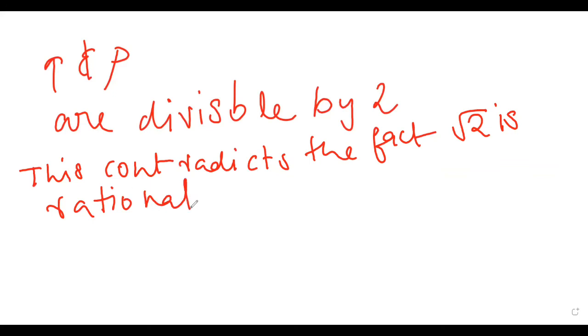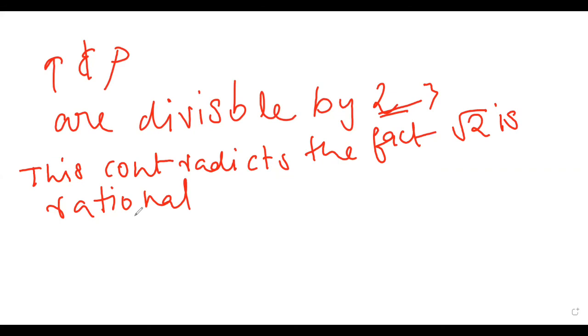We have to add a line over here: since Q and P are divisible by 2, this contradicts the fact that root 2 is rational.